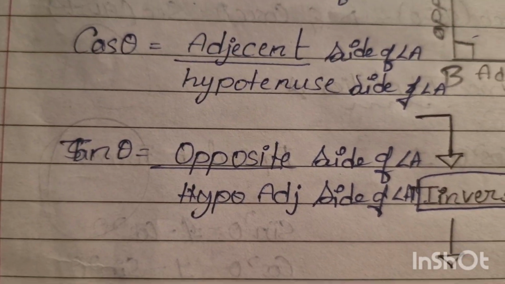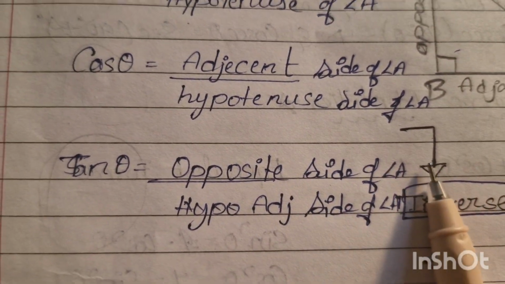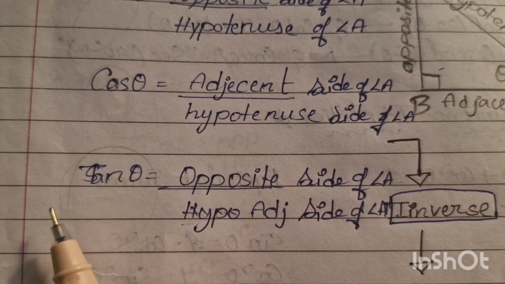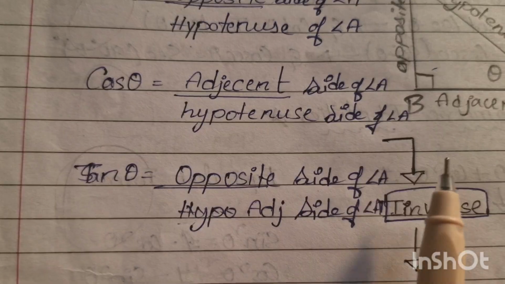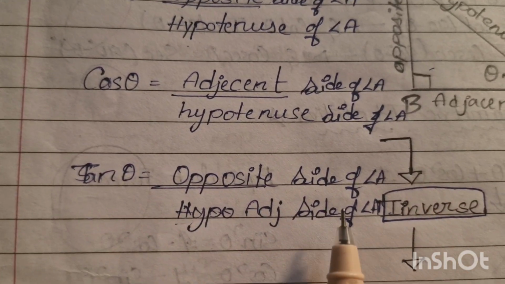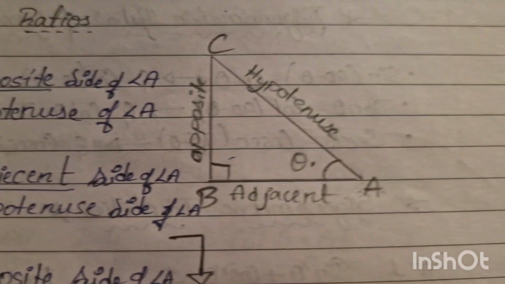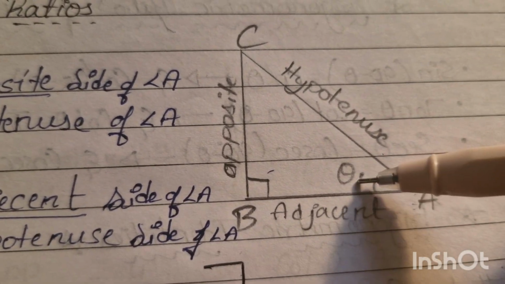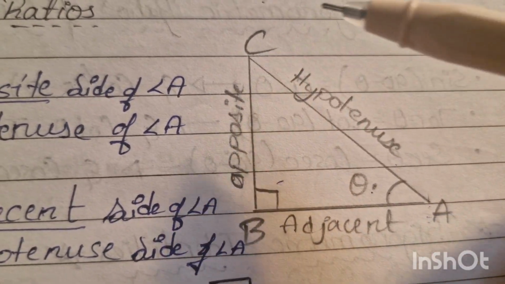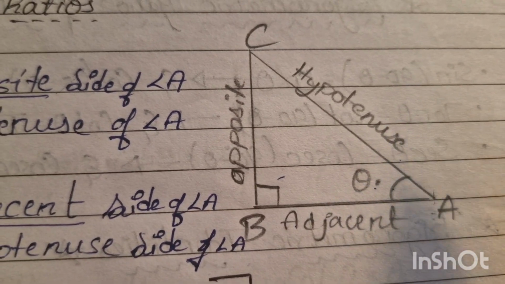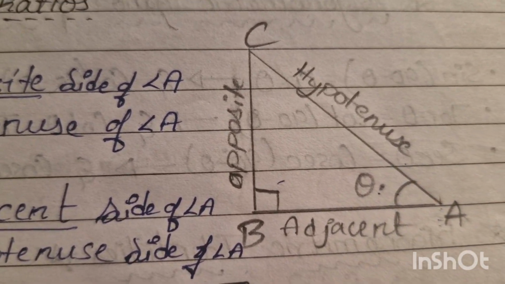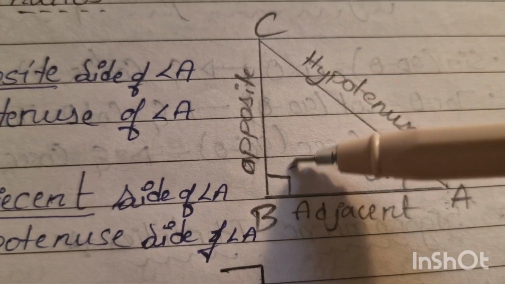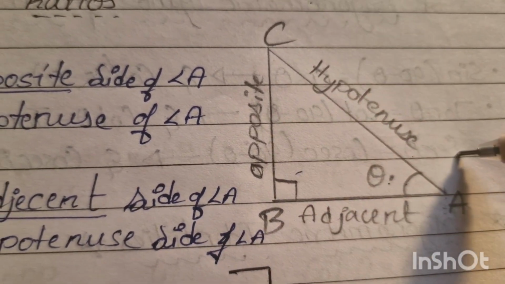Tan theta is equal to the opposite side of angle A by the adjacent side of angle A. Here the opposite side of angle A is BC and the adjacent side of angle A is BA. So BC by BA.